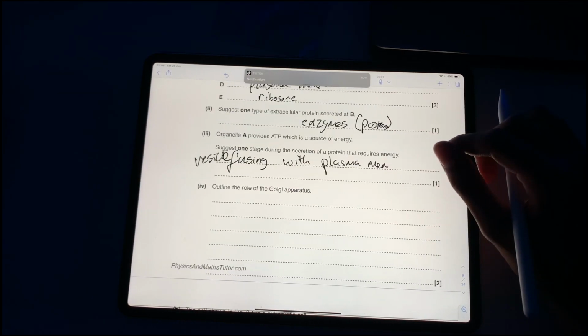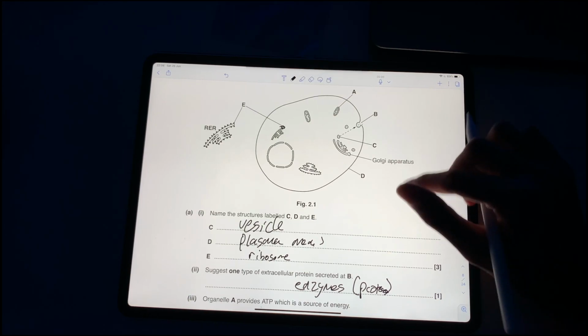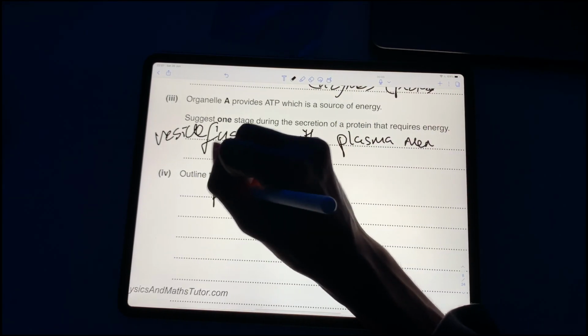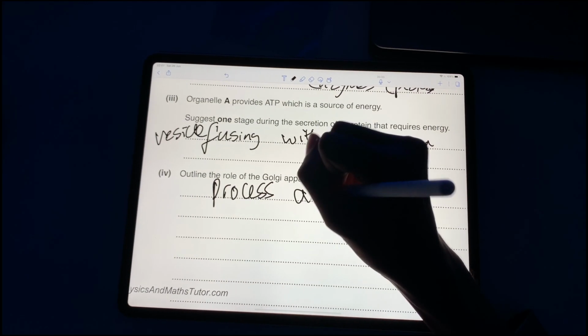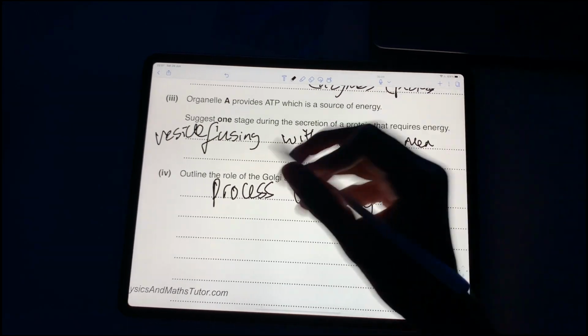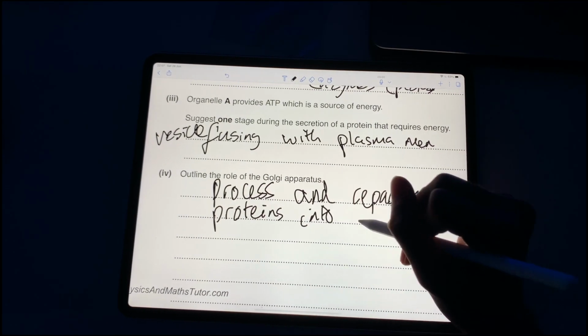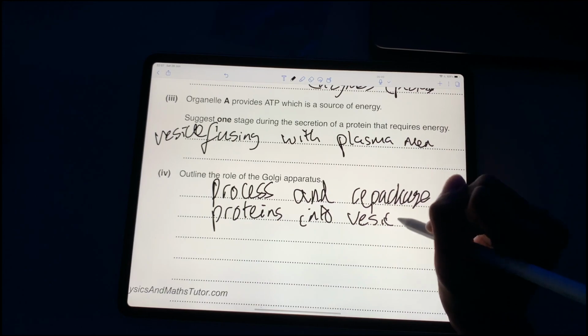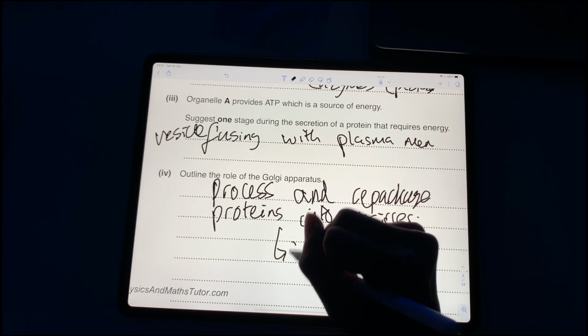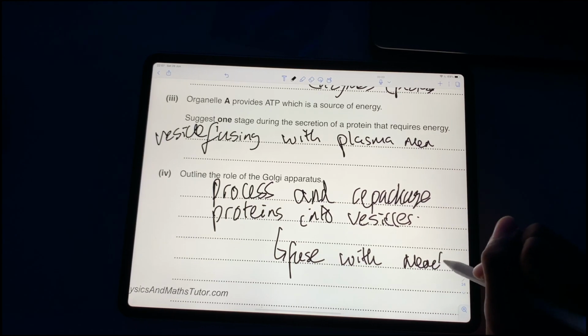Outline the role of the Golgi apparatus. Oh no, I don't know this. Is it just to process and repackage proteins into vesicles and then fuse with the plasma membrane?